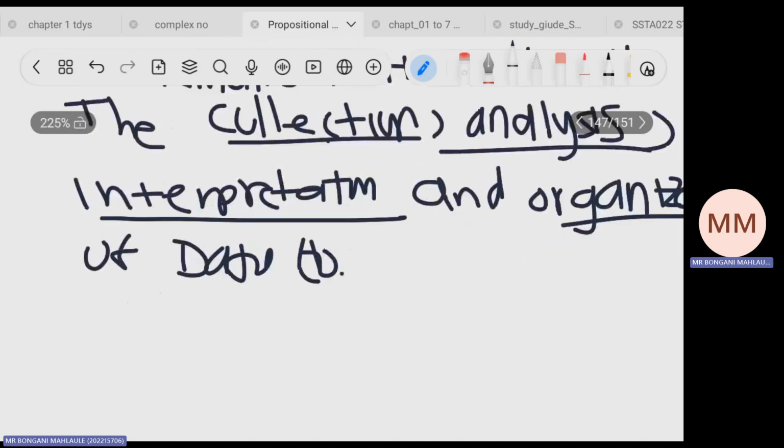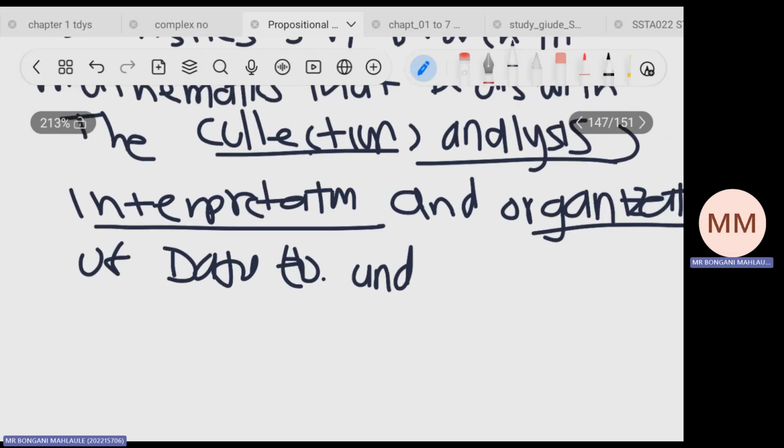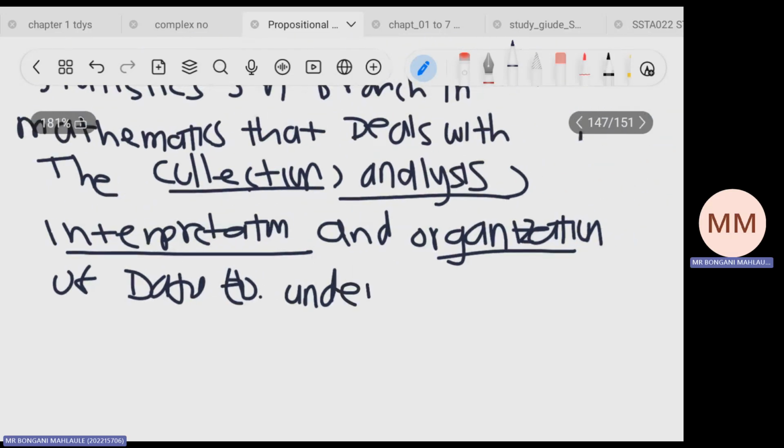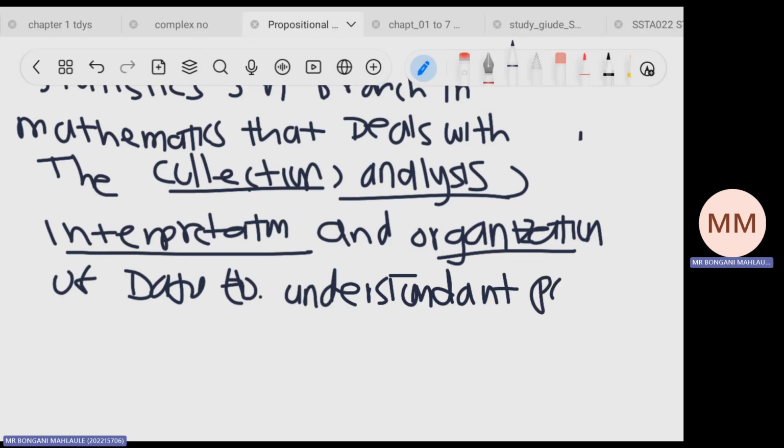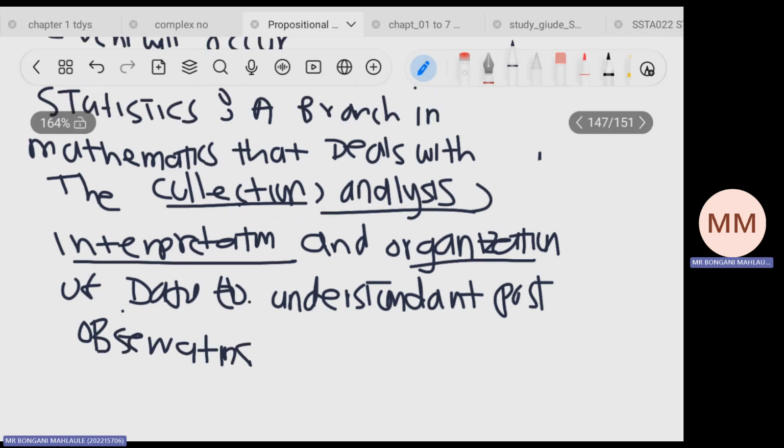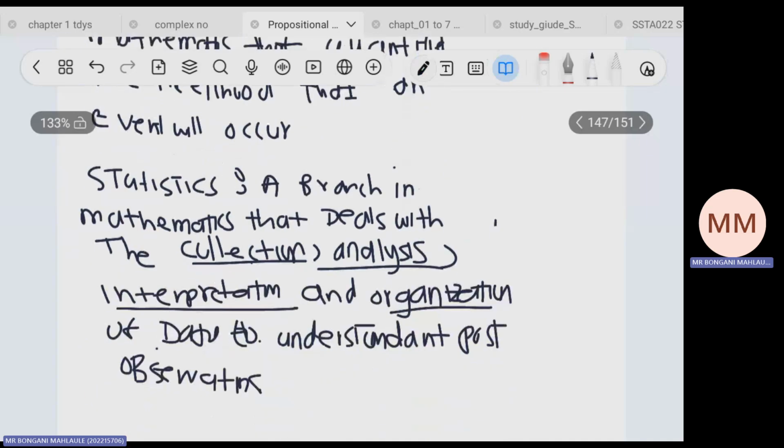Organization of data, understand past observations. So that's how you will define it.